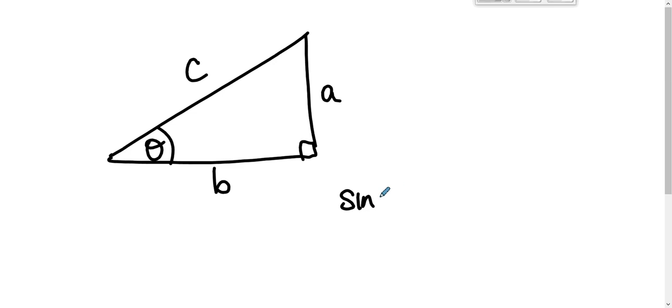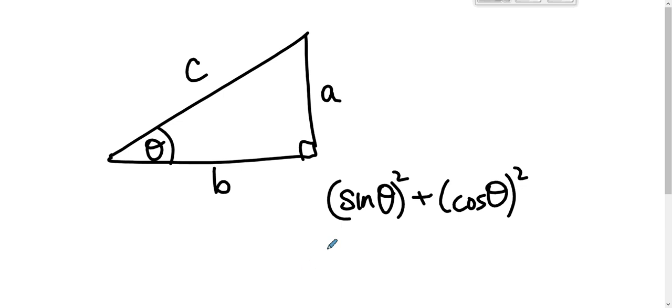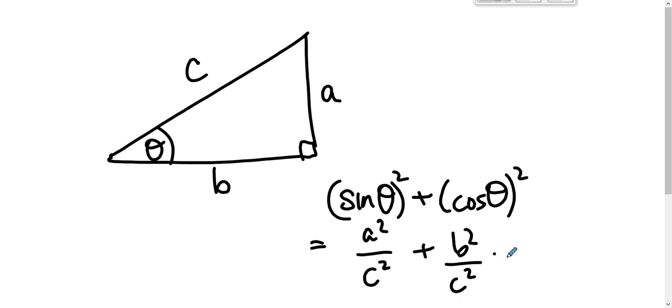Then consider for the moment the sine of theta squared plus the cosine of theta squared. The sine of theta, that's the opposite over hypotenuse. And the cosine of theta, that's the adjacent side over the hypotenuse, and that's a squared plus b squared over c squared.